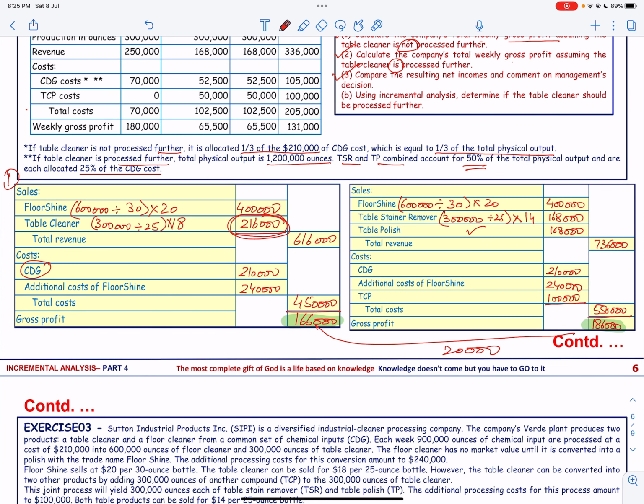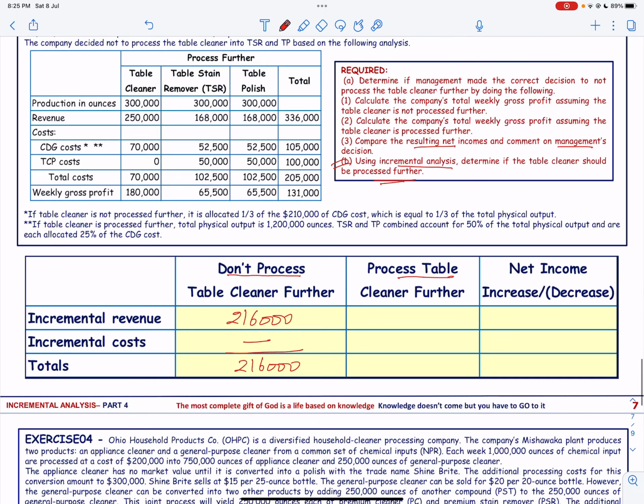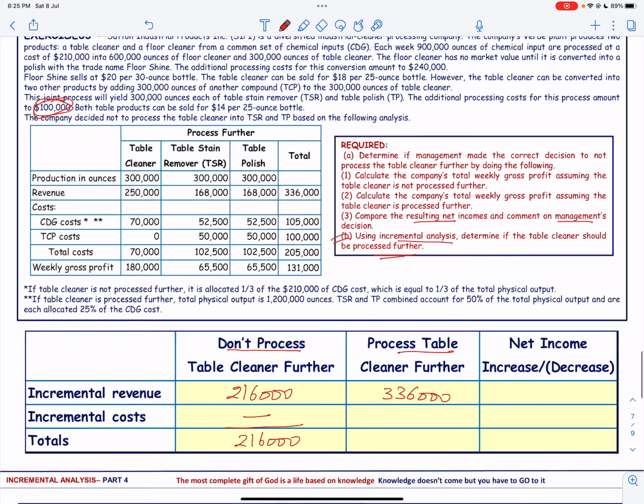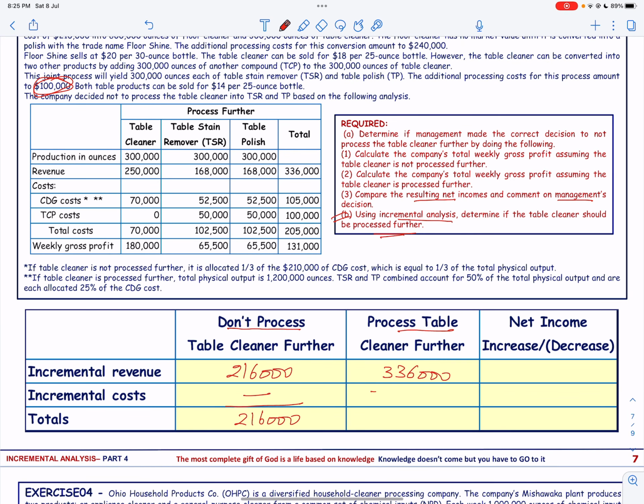If we process further, then we have the incremental revenue of 168 and 168. That will make 336,000. The incremental cost is 100,000. So this will be minus 100,000. So this will be equal to 236,000.